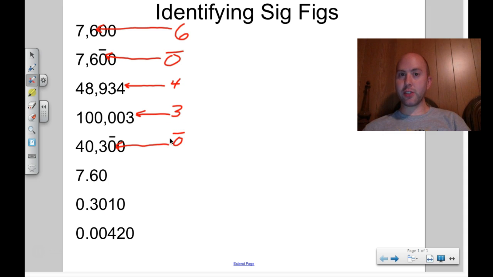That's my uncertain digit. This one would be the 0 here, again, because this is a sig fig. This one, if you remember, there's 3 sig figs. This is the first sig fig right here going towards the left, so it's that 0. Same thing with these last 2. It's the 0. It's the 0. So again, uncertain digit, it's the first sig fig going towards the left.